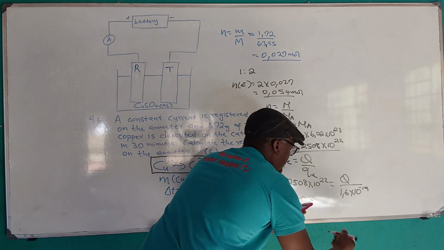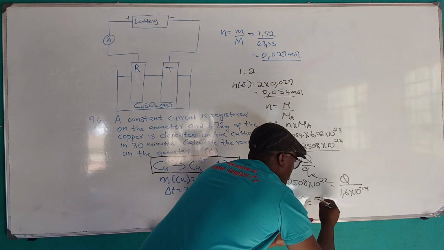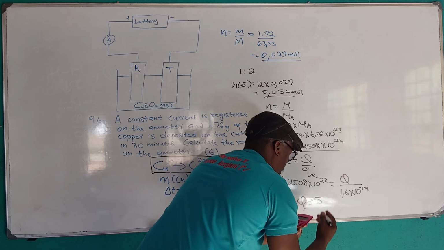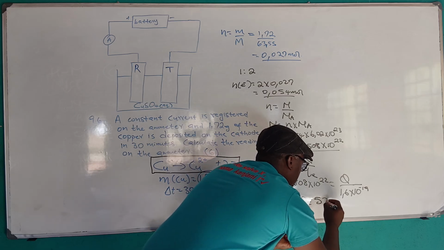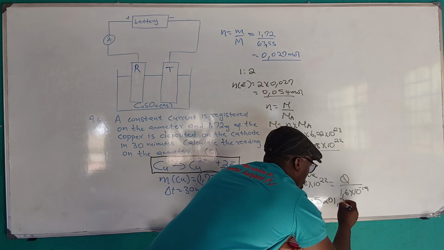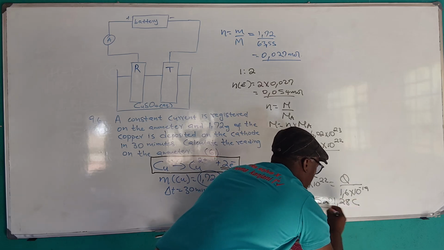It means that the charge released by this total number of electrons is 5,201,28 coulombs.